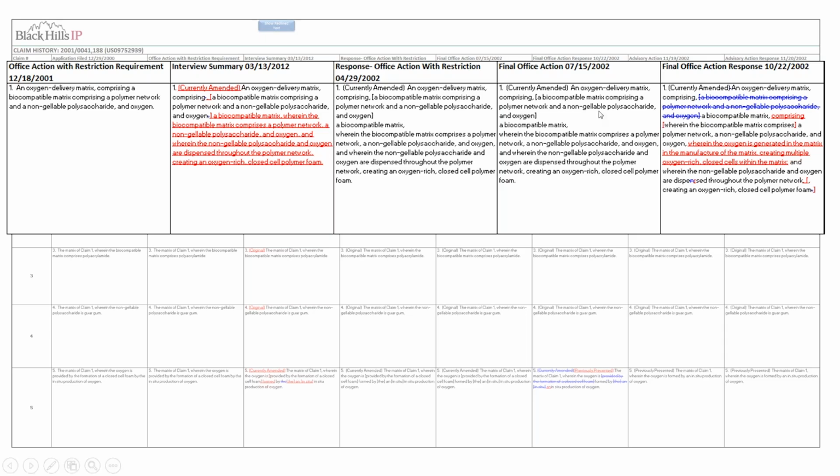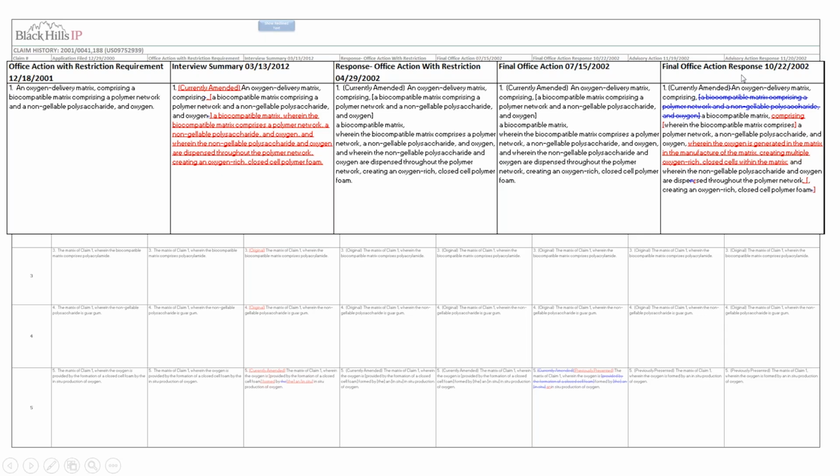One of the things that I like about this particular example too is some of the really precise details that you might not have caught otherwise without using a tool like this. So if you look here at the final office action time, the wherein clause of this claim had the word dispensed.